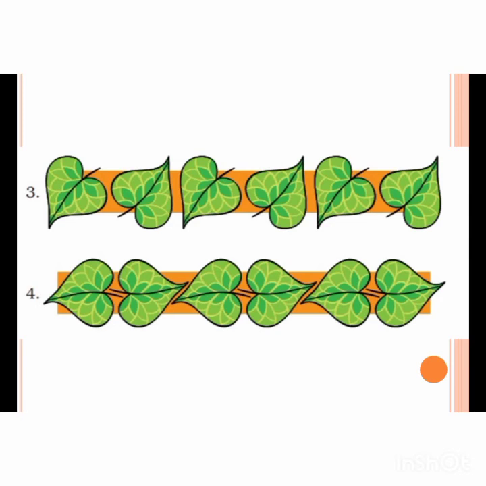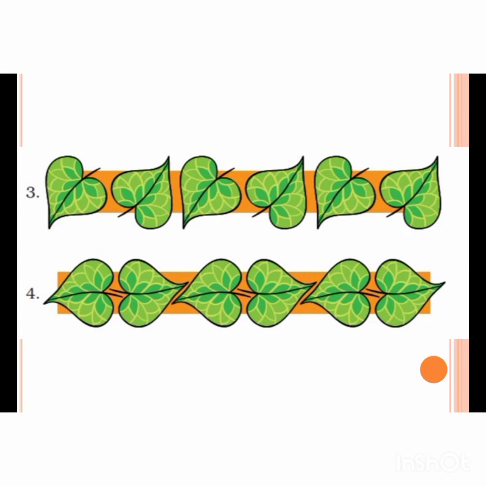Or we can say first leaf is in sleeping mode on the left hand side and the second leaf is in sleeping mode on the right hand side. And this pattern is continued. Left, right, left, right, left, right. Now clear? Very good.